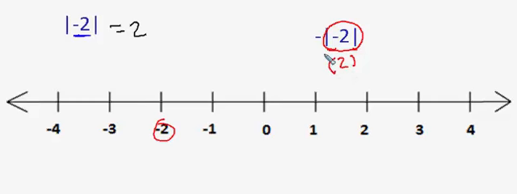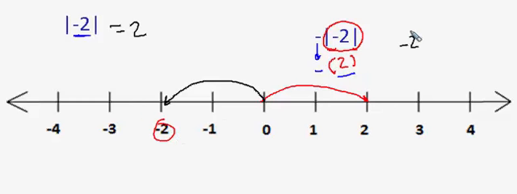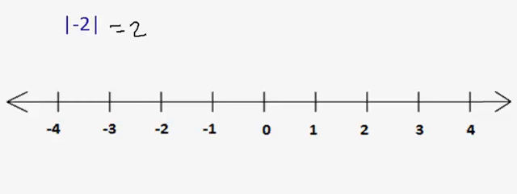But then we still had this symbol here suggesting we wanted the opposite of 2. The number 2 is 2 units to the right of 0, but we needed the opposite of 2, which would be 2 units to the left of 0, finally putting us at the answer negative 2 at the end. I'd like to do 2 more examples that are very similar looking.